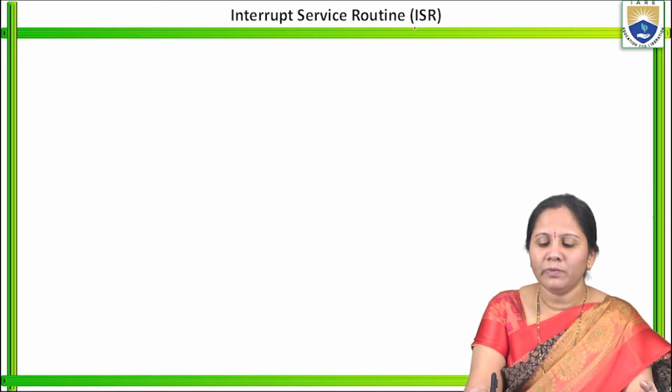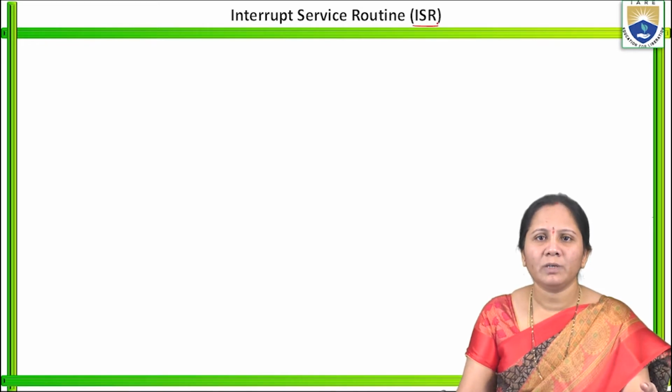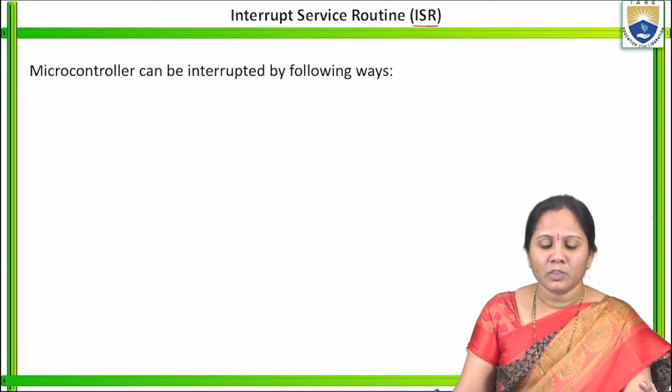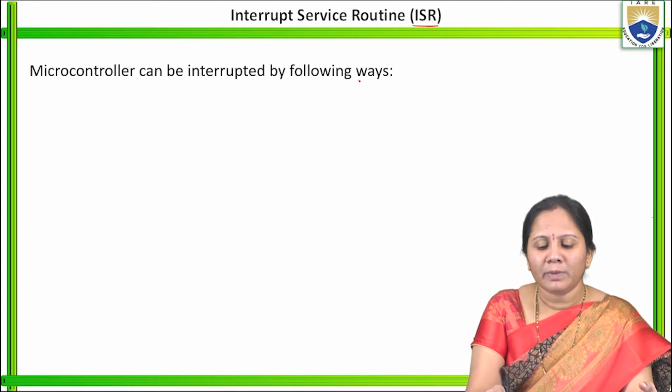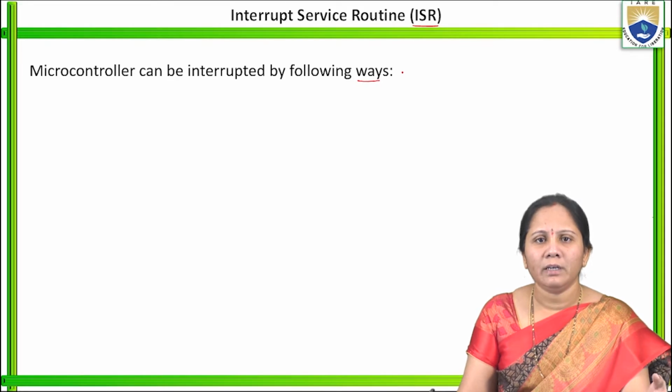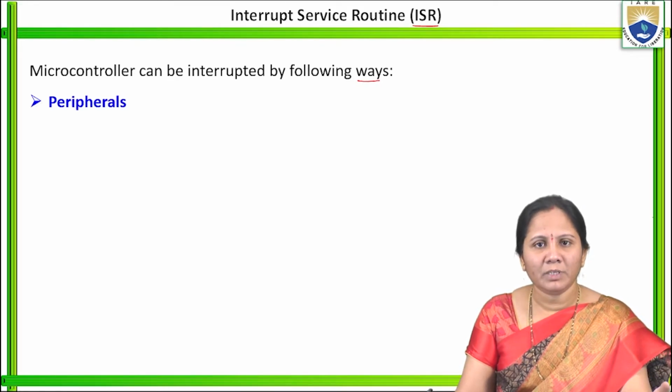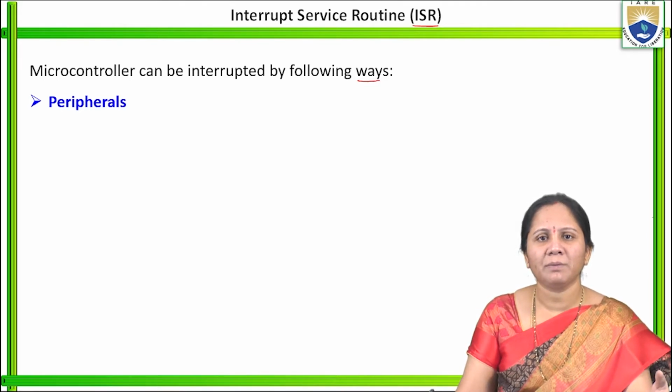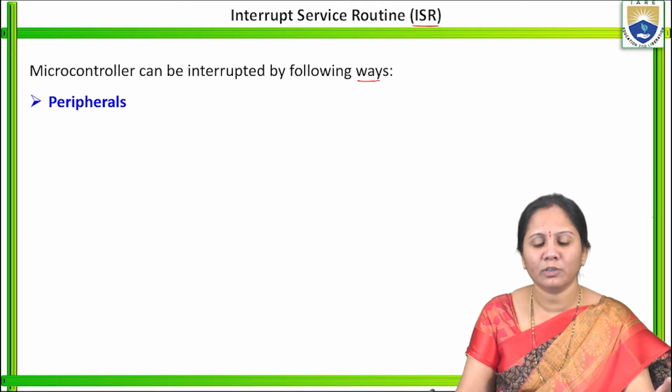Now, we will see what is meant by interrupt service routine. A microcontroller can be interrupted in different ways. It may be interrupted because of some peripheral devices, that means because of some external IO devices connected to the microcontroller, which may produce these interrupts.